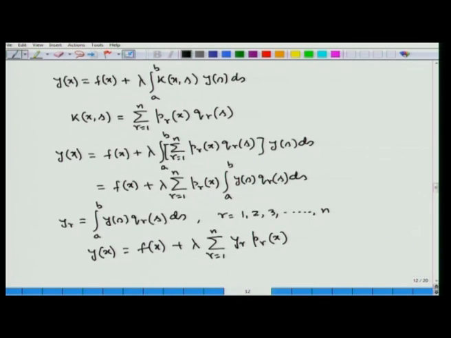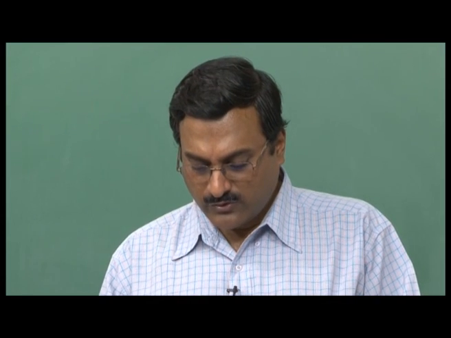In order to find this solution, we can do one thing. q_r(s), where r ranges from 1 to n, is known. We can multiply both sides of this equation by q_m(x), where m takes any value within the range 1 to n.